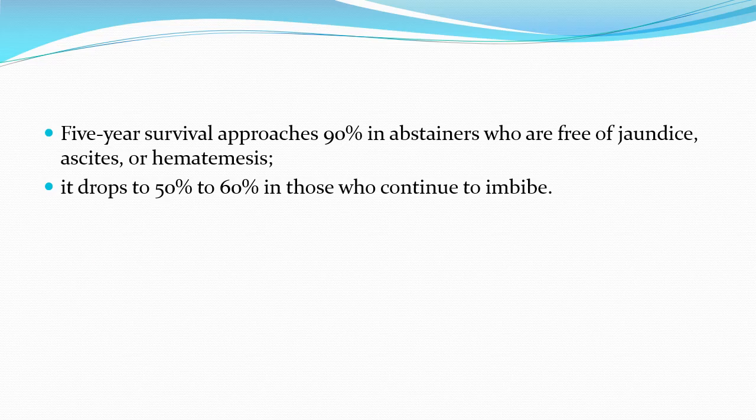Now, the 5-year survival is about 90% in abstainers who are free of jaundice, ascites and hematemesis. It drops to 50 to 60% in those who continue to imbibe.